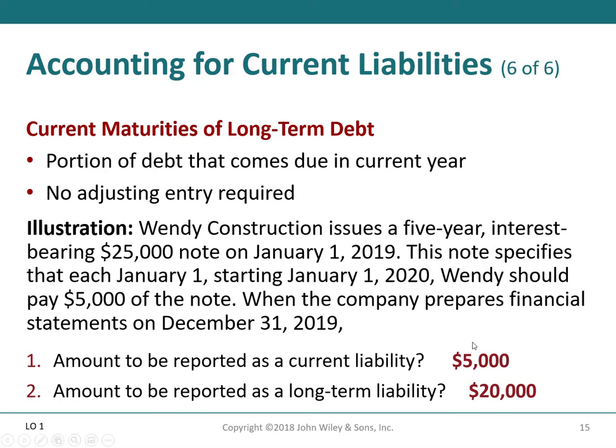It is the amount that they're going to be paying within the next 12 months, which is that $5,000 recorded here. And then how much is going to be reported as a long-term liability? The $20,000, the remainder of it. So I get that number by taking my $25,000, subtract out my $5,000, I get $20,000.